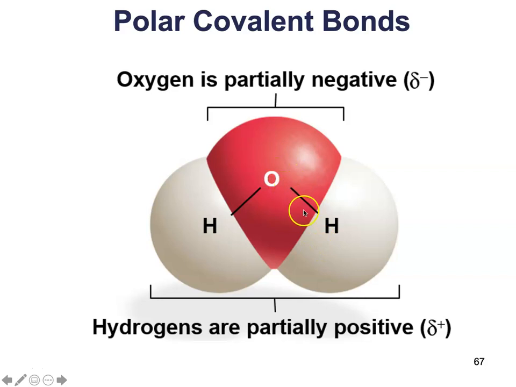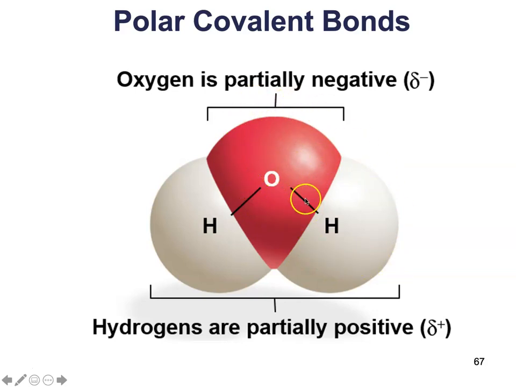Oxygen says, hey, I will share one of my electrons with you, hydrogen, if you share one of your electrons with me. But then oxygen gets a little bit greedy, and that pair of electrons is going to spend more time orbiting around oxygen than it is around that hydrogen. So for every couple of rotations we do around oxygen, we're going to do maybe only 1 around hydrogen.